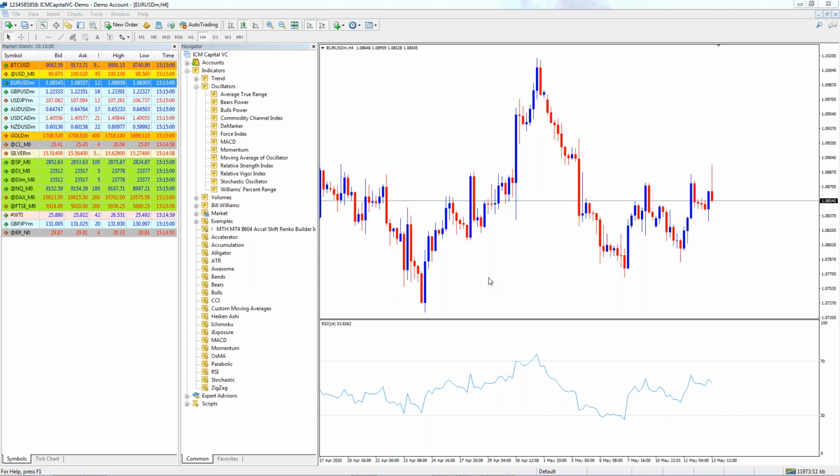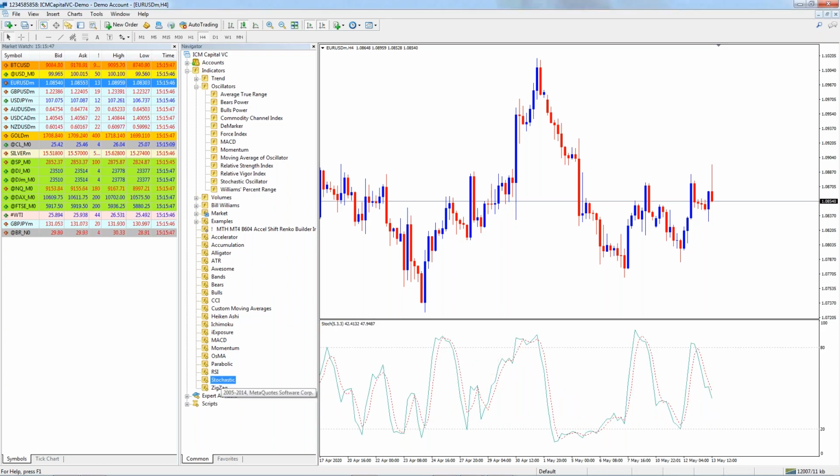I think there was one question coming out: the blue or the red line in stochastics. Yes, it's the blue or the red line in stochastics. I guess what you're asking is about the combination of the K and D factors. Let me draw the stochastics for you so you can understand better.